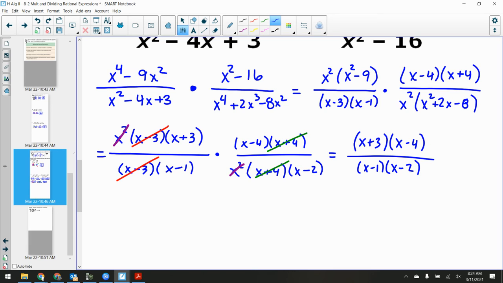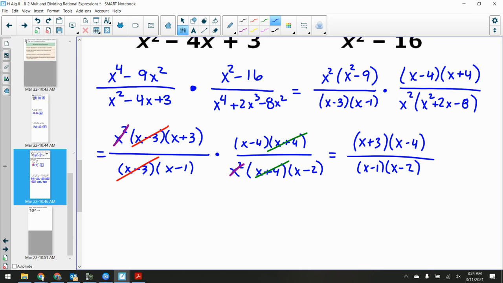There's one other problem that for some reason is not on your guided notes. I don't know, maybe there was a second page that got cut off somewhere. So maybe add yourself in another little spot, maybe come up here, because this isn't going to take you very much room.